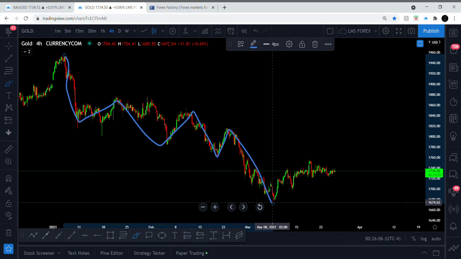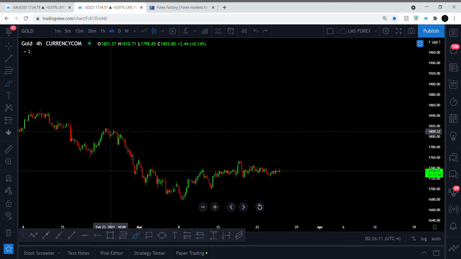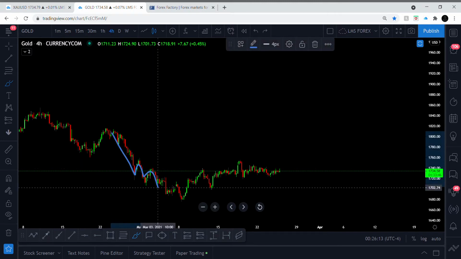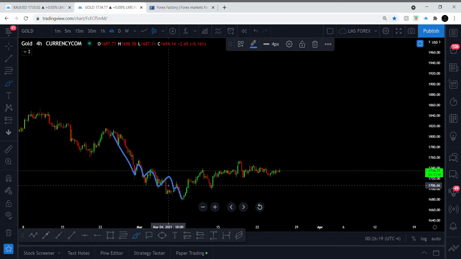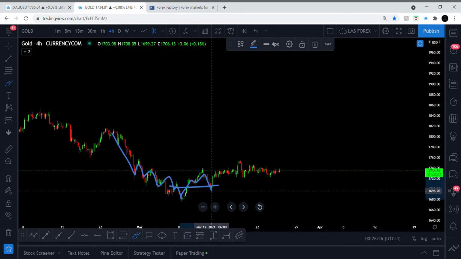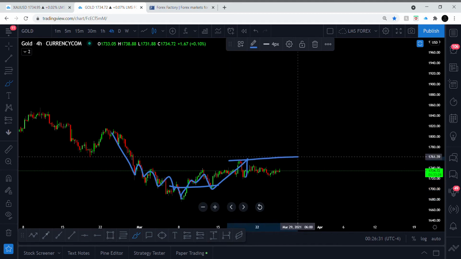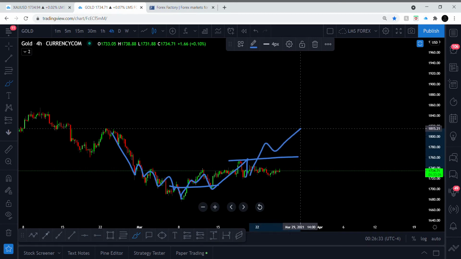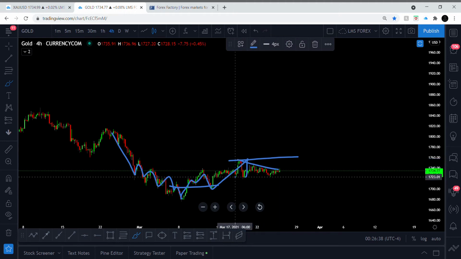However, now most recently, if we go down here, we'll see the level of structures being maintained. But when this level was broken, it created a higher high, higher low, higher high, higher low, higher high, higher low, and now we're looking to break this level, potentially to keep continuing the uptrend, or it looks like it's rejecting this level right now. It might now go back to the downtrend.